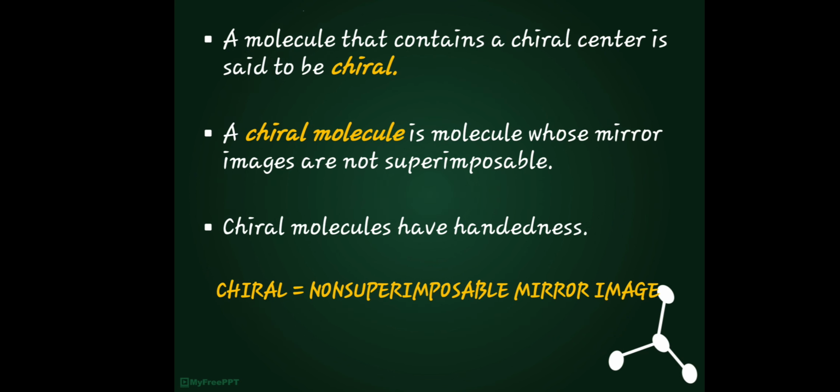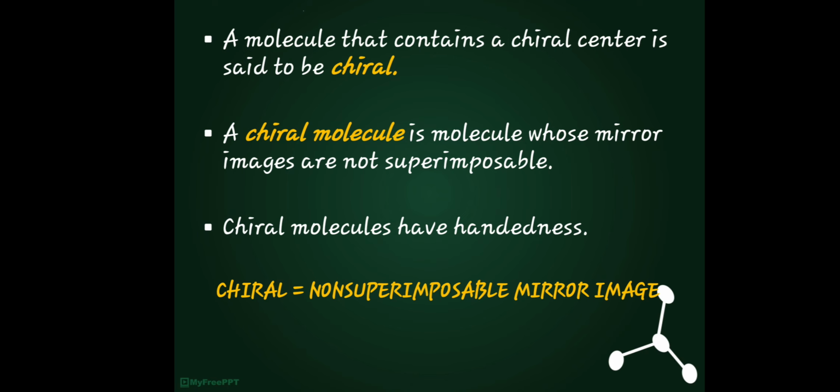So next slide. A molecule that contains a chiral center is said to be chiral. And a chiral molecule is a molecule whose mirror images are not superimposable. Chiral molecules have handedness. Chiral equals non-superimposable mirror image.